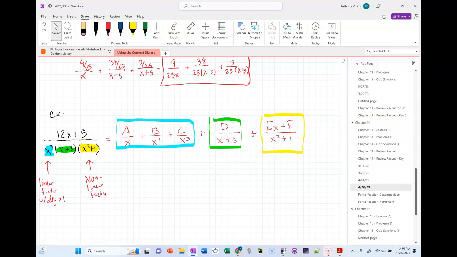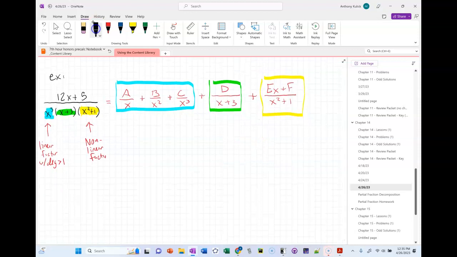Let's do another setup, and I'm going to ask you guys to help me do the setup, okay? So we're not going to solve the whole partial fraction decomposition. We're just going to do that initial setup.